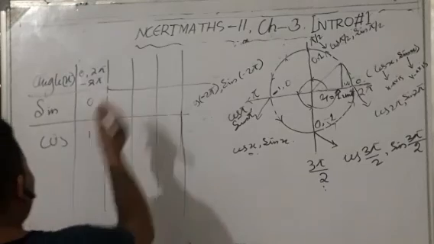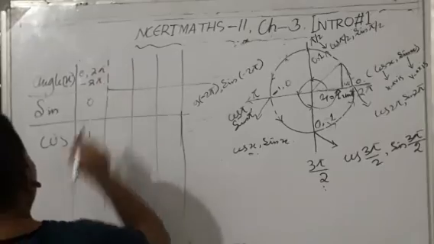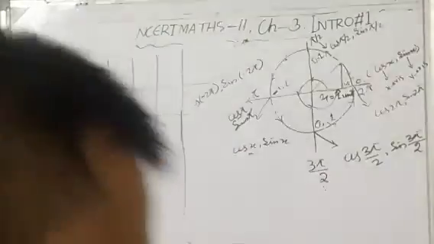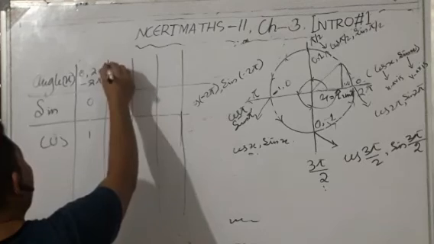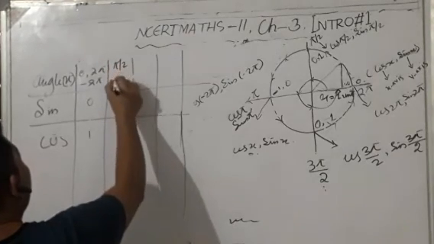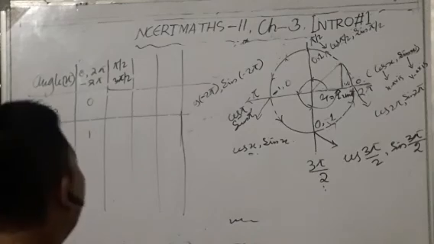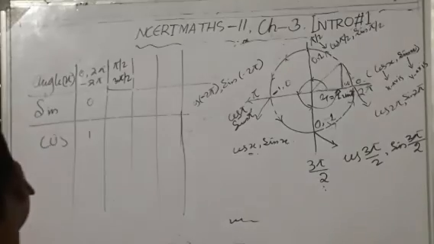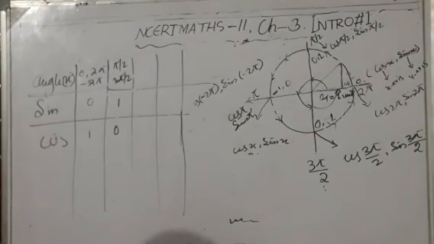Okay, fine. So next is pi by 2 and then 3 pi by 2. What are its values? 1 and 0. 1 and 0, right?